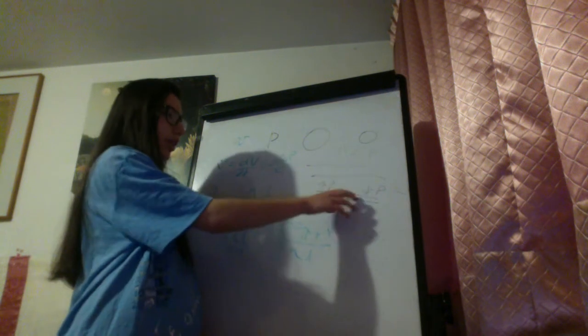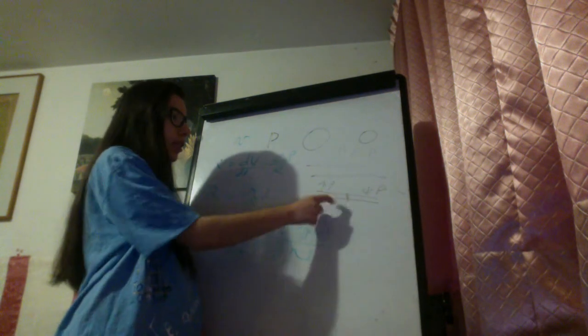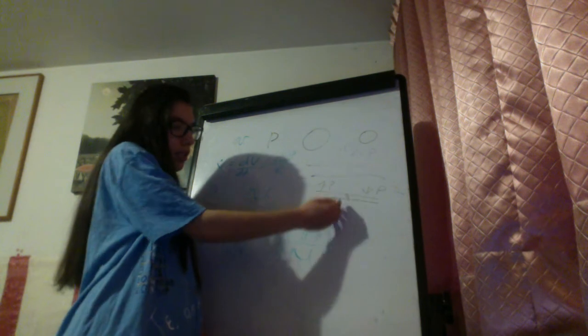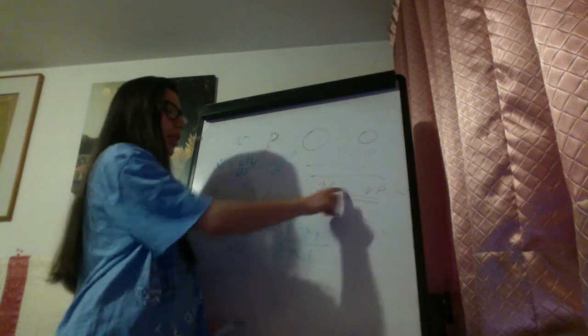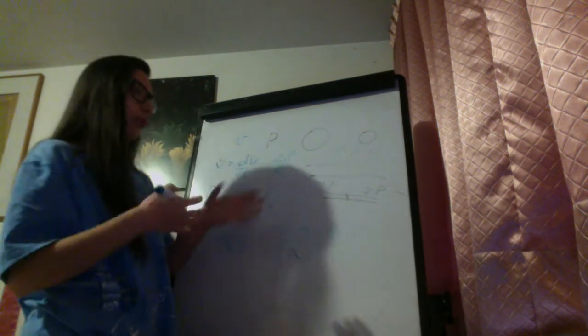Remember that we said that if we put a resistance, we're decreasing the radius, the cross-sectional area, and so we're increasing the delta P. The delta P is increasing, and when we increase the delta P, we increase flux.